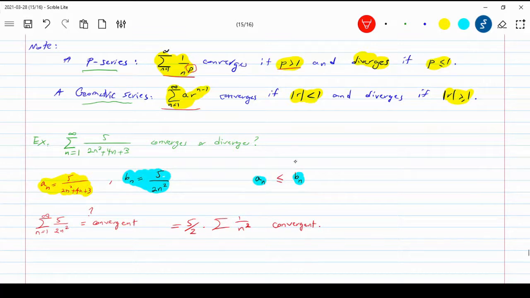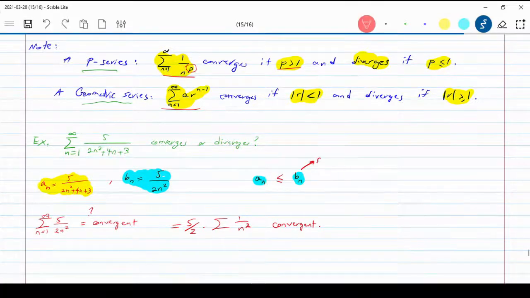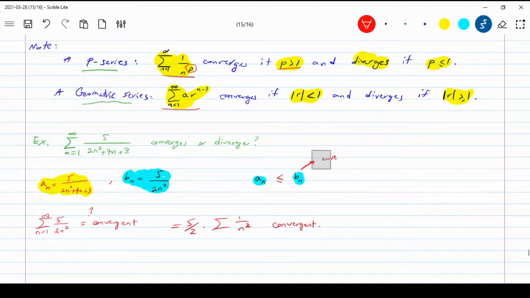What can I say about an? I can say the summation of bn's is convergent, which means this would be some constant, c. And what do I know about the summation of an's?